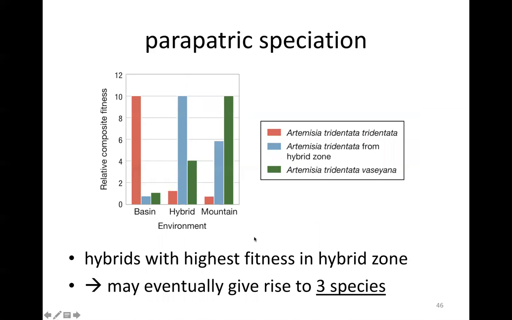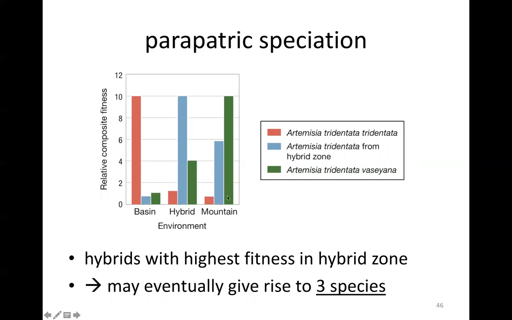But here we have another example. So fitness and environment and three genotypes, basically, or three populations grown in these three environments. The mountain population is shown in green. The basin population is shown in red.